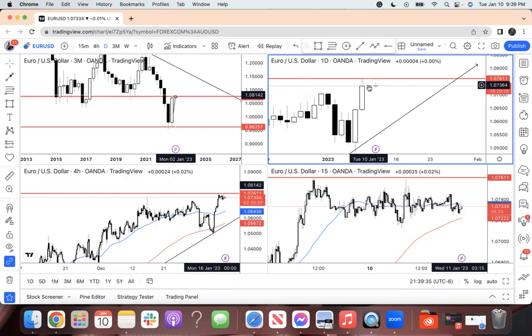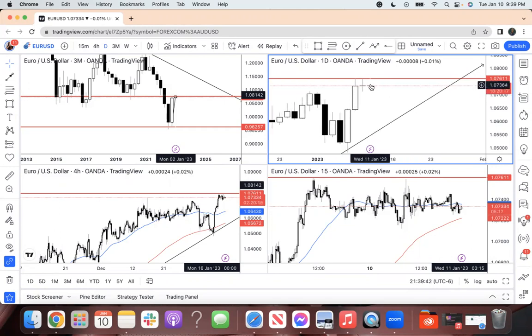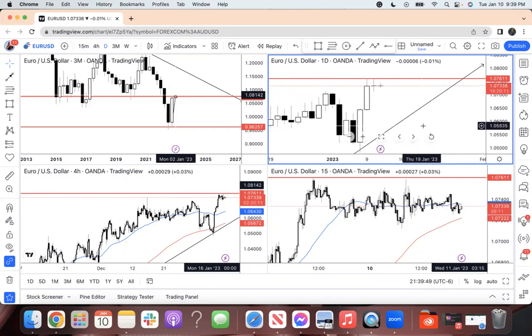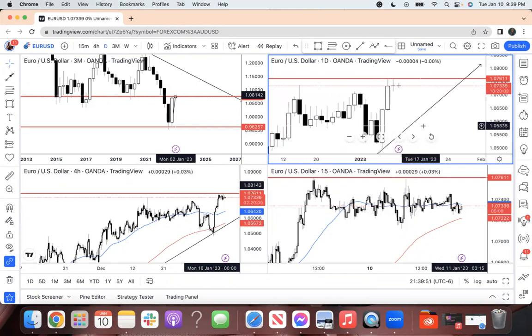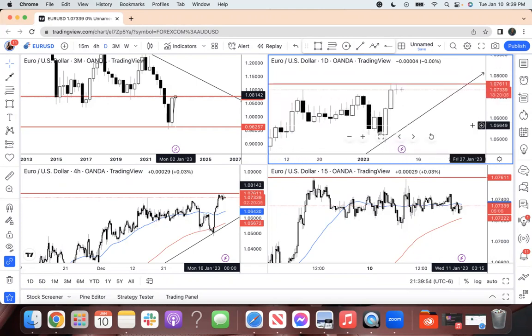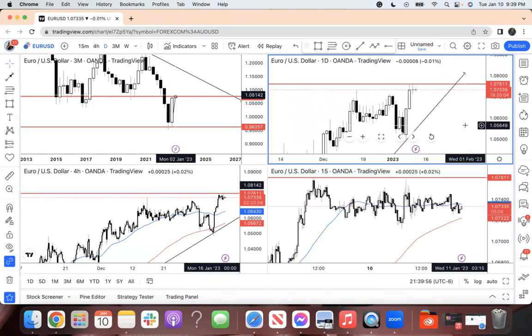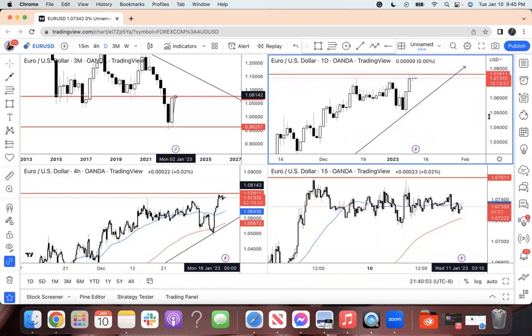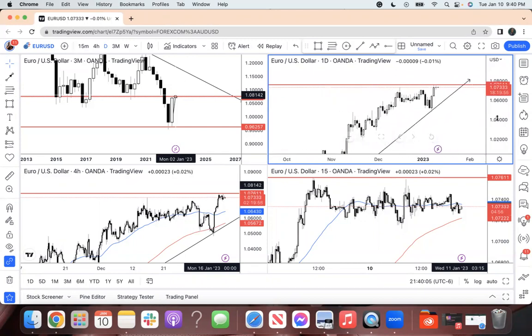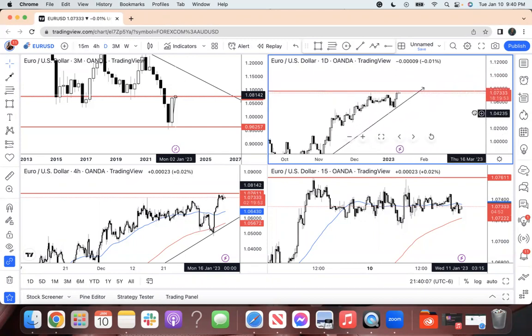So price closed and opened at the same level. Now this is current day price. For the most part, more than likely, we're going to be looking for price to come down and retest this area of support, which was created by this trend line.